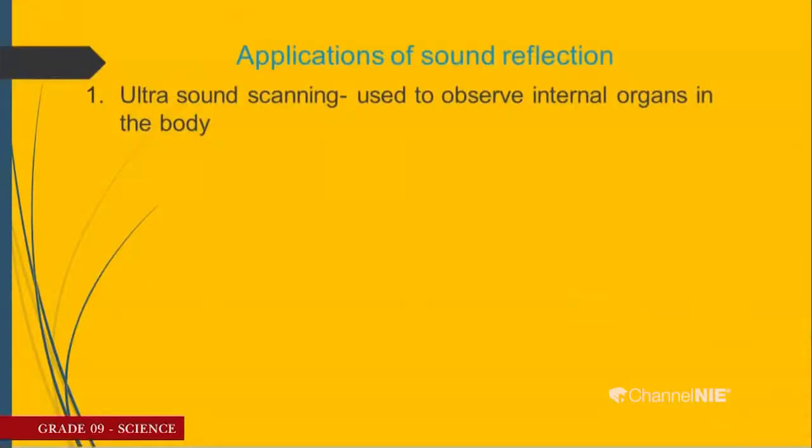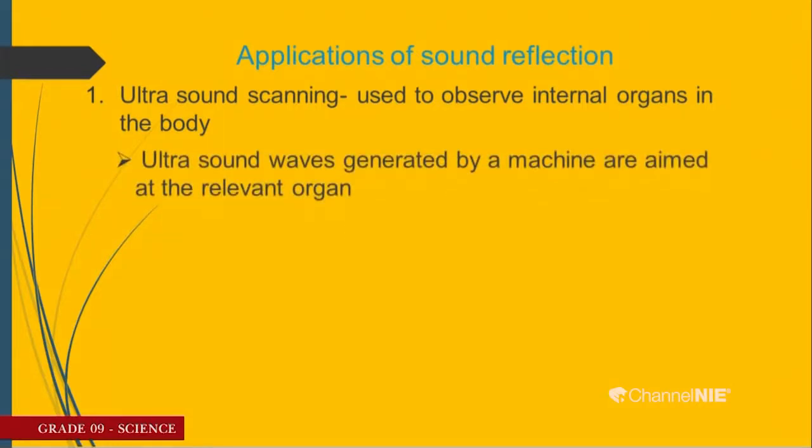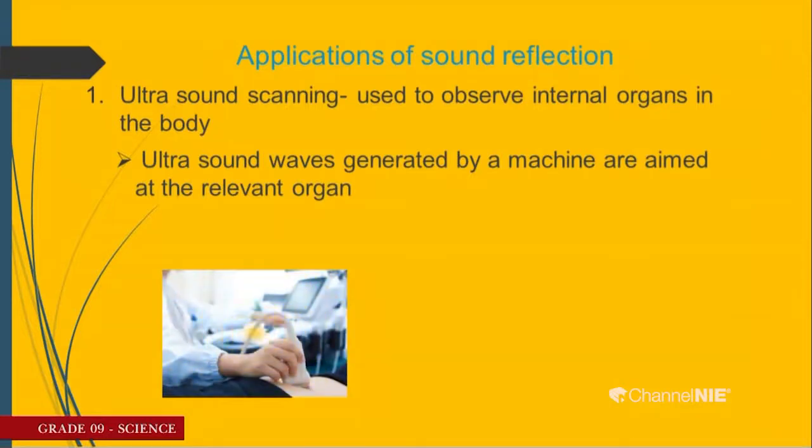This method is used to observe internal organs in the body. Ultrasound waves are generated by a machine and they are aimed at the relevant organ inside the body. This is the ultrasound machine and the ultrasound waves aimed at a mother's womb.